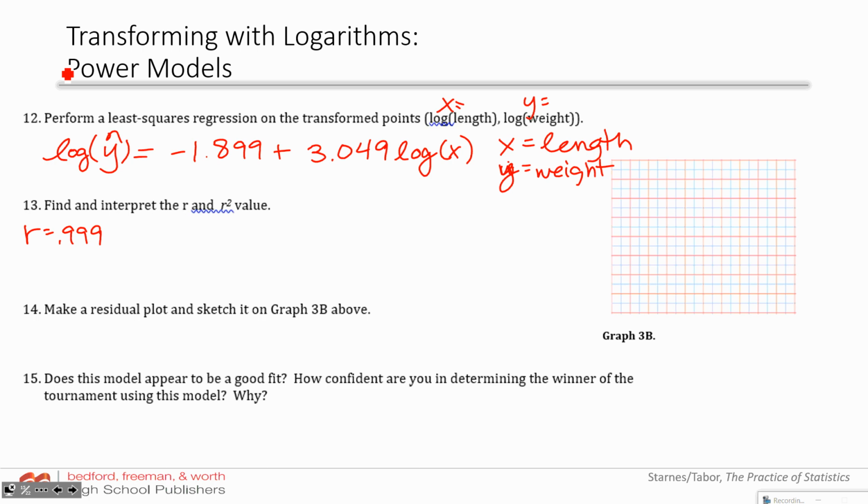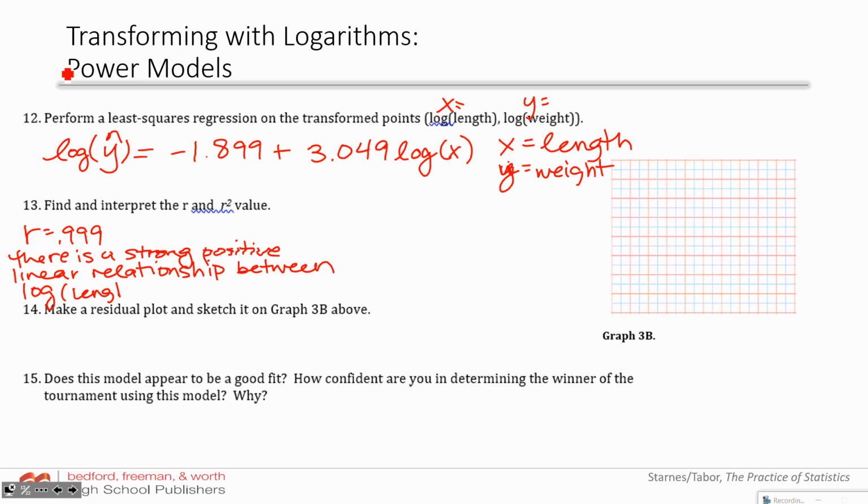So this tells me that there is a strong positive linear relationship between the log of the length of the fish and the log of the weight of the fish.